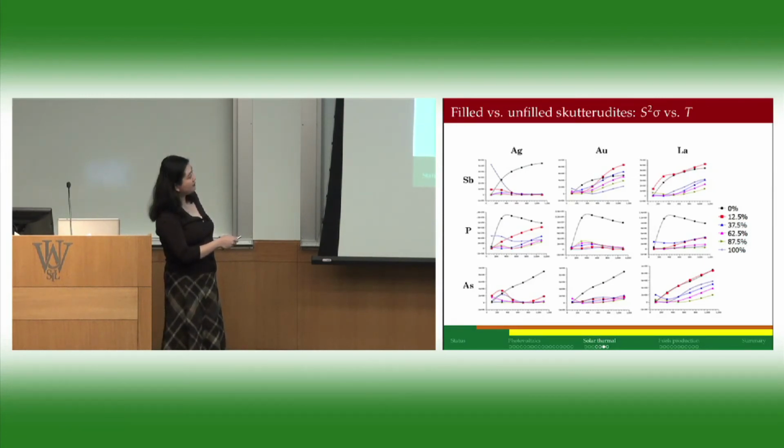If you look at the red one, which is about 12.5% filled, you can see that for this gold system and for some of these lanthanum systems, at high temperatures the fillers do increase the power factor a little bit compared to the unfilled system. So this gold one is really good. This little red line is above the black line for high temperatures, which is what we want.